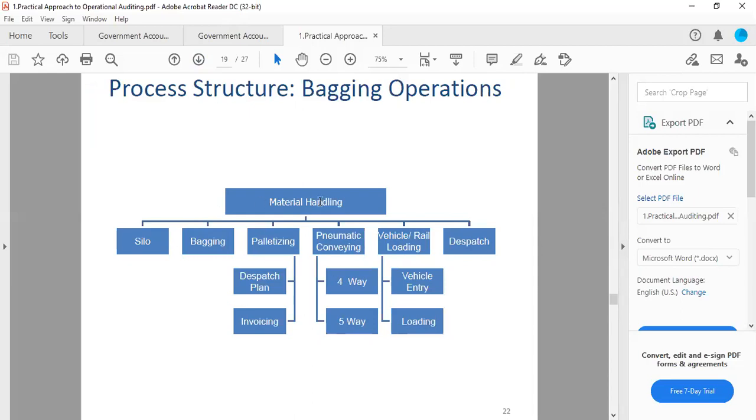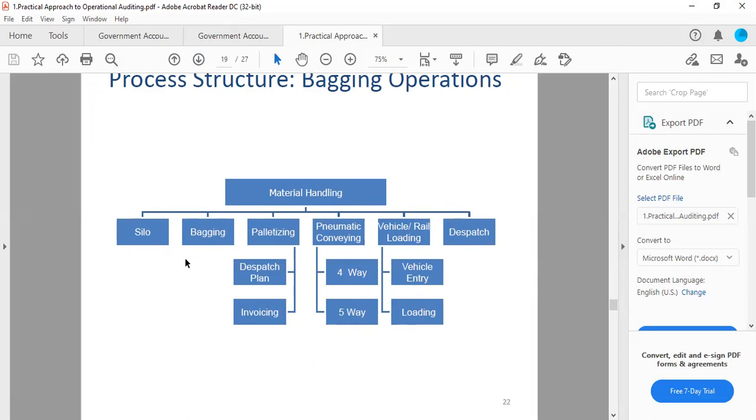All right. So here are items under materials handling. These are the specific activities: from silo to dispatch, and then we also have plan, invoicing, and the waste, vehicle entry, and loading. We can also notice here the bagging operations.